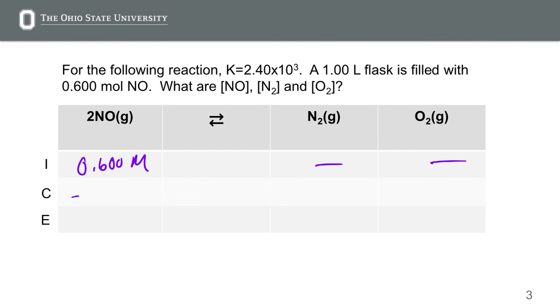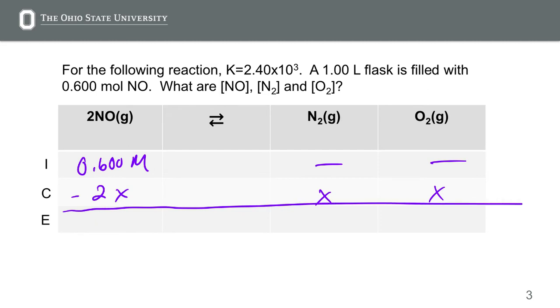So we're going to have minus 2x for the concentration of NO, stoichiometric coefficient of 2, x and x for N2 and O2. And then at equilibrium, we're going to have 0.6 minus 2x for the concentration of NO, x moles per liter for N2, and x moles per liter for O2.